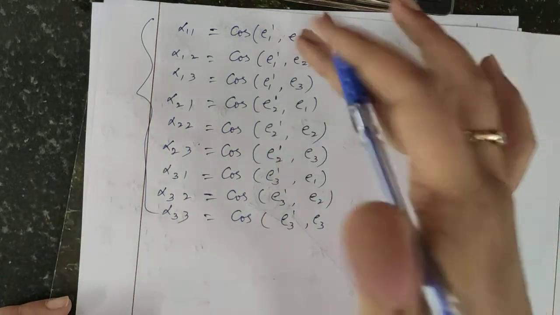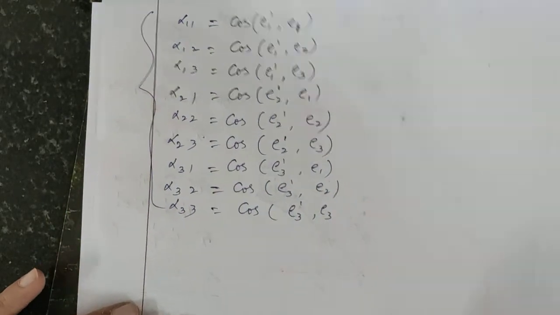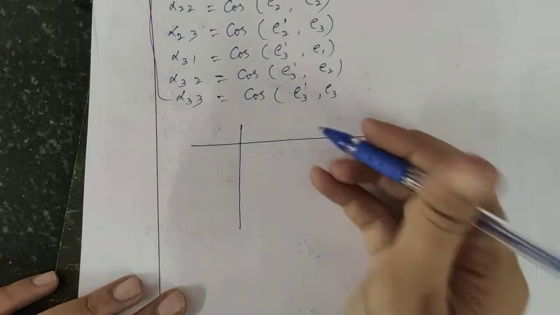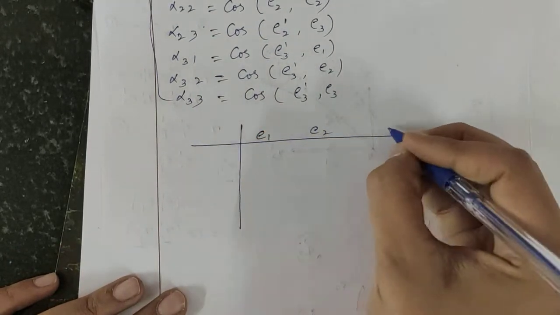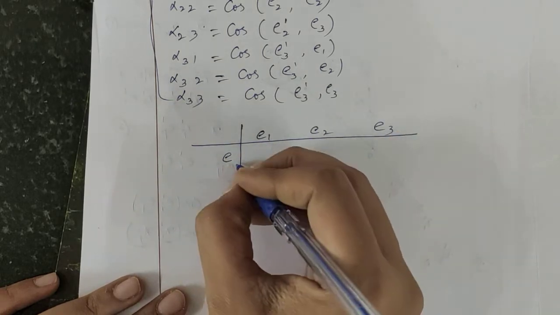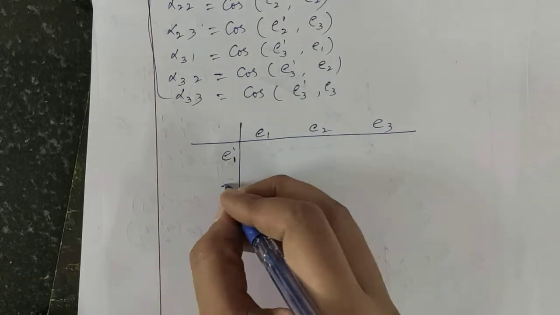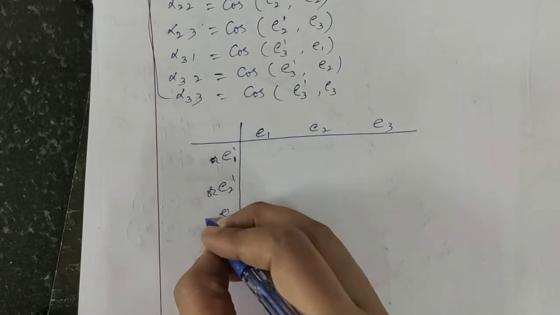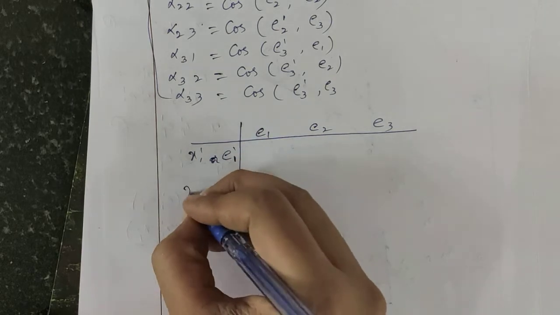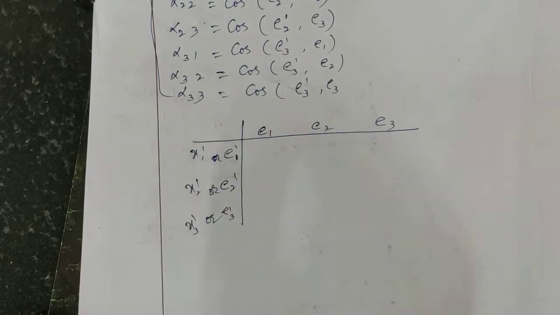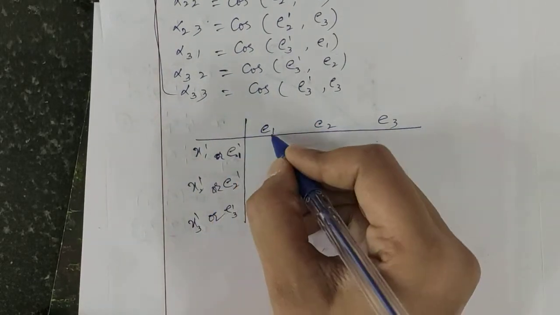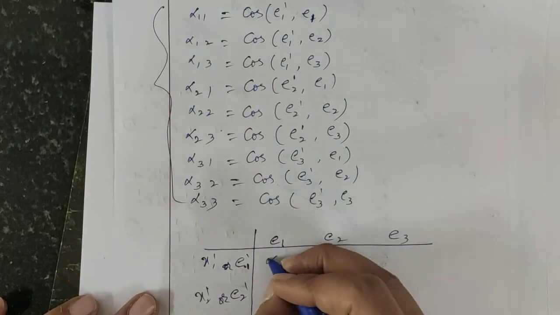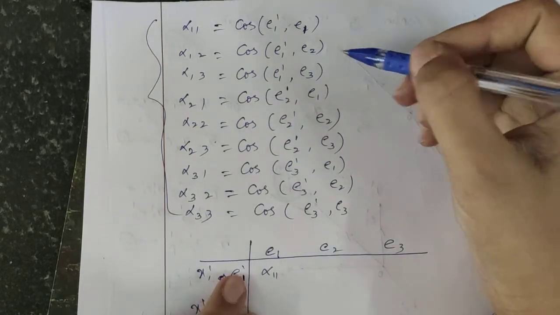So now this list can be tabulated using a matrix method. I will consider the rows as E1, E2, E3, and the columns will be E1 prime, E2 prime, E3 prime, or you can write this as x1 prime, x2 prime, x3 prime. So the position of E1 prime E1 is alpha 11. What is E1 prime E2?